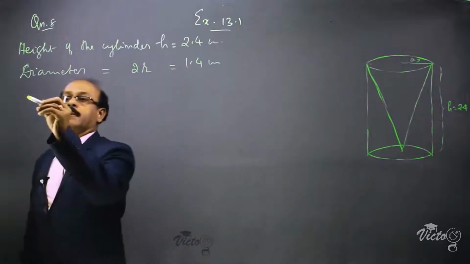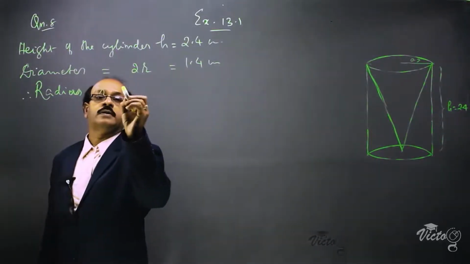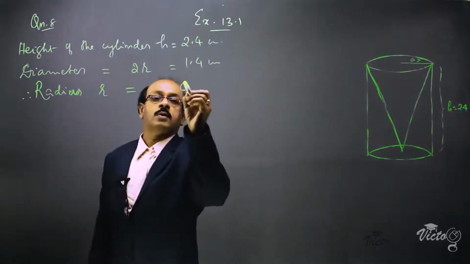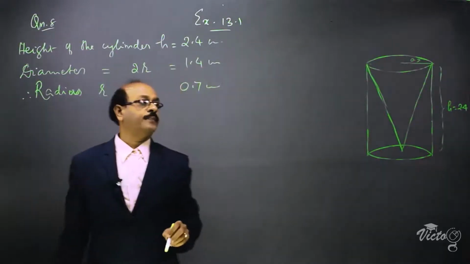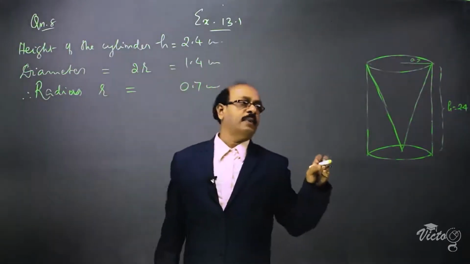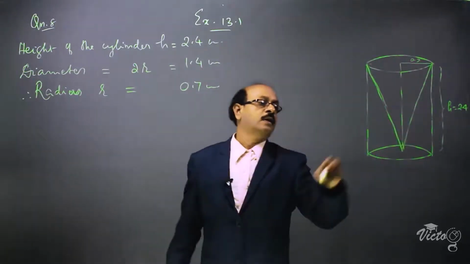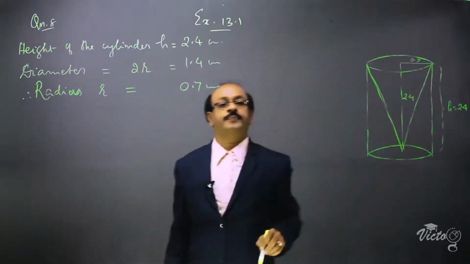Therefore, radius r is equal to 0.7 centimeter. Now, a cone is cut out which is of the same diameter and the same height. This height is equal to the height of the cylinder. This is also equal to 2.4.